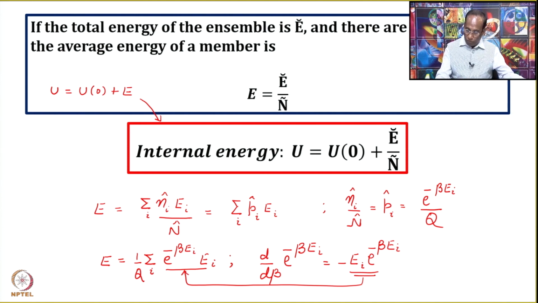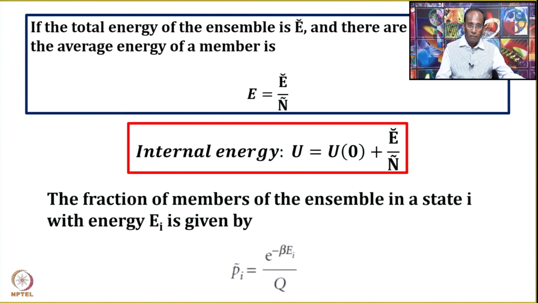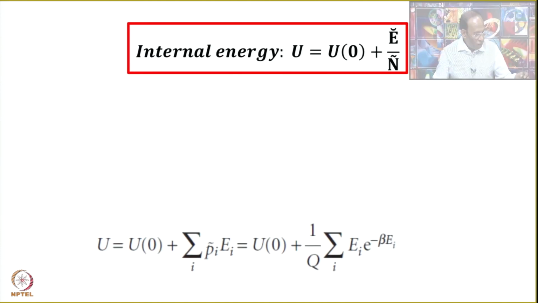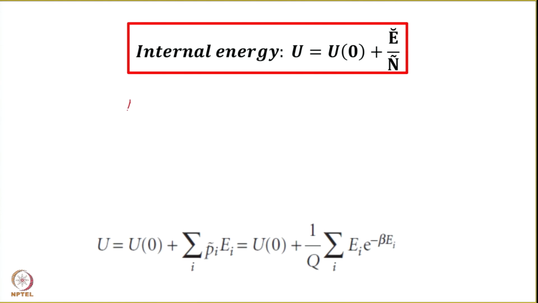So what we have, let us discuss that. We had E is equal to minus 1 by Q into d by d beta of summation i exponential minus beta Ei.